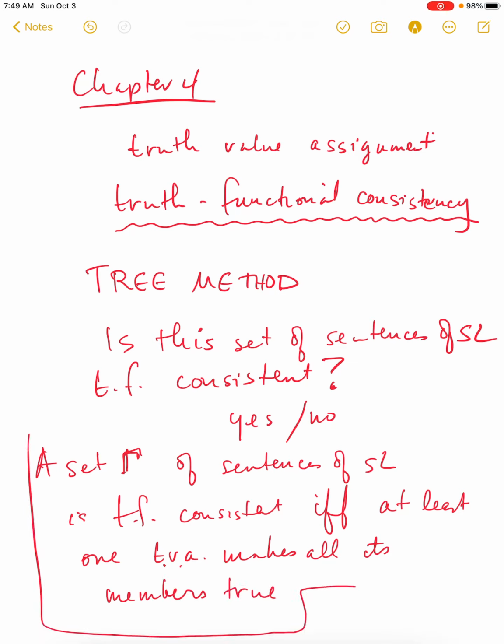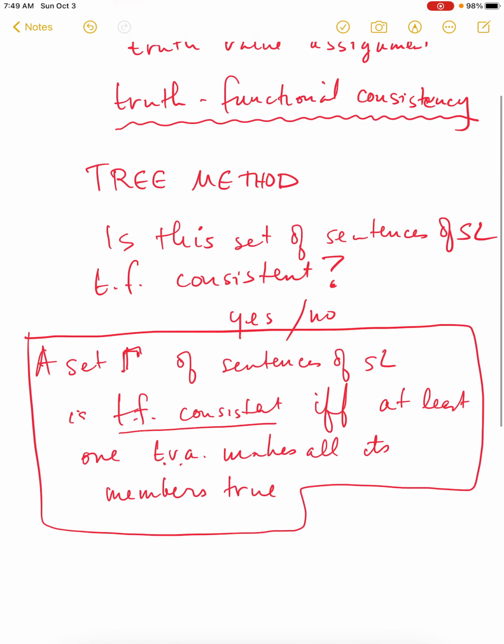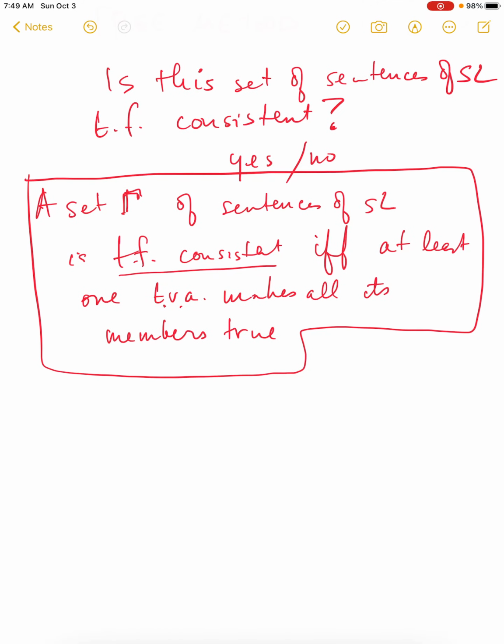Okay? So the truth tree method will tell us whether or not a set of sentences is truth functionally consistent, and it will provide a way of finding the truth value assignments that do make the members of the set true if such truth value assignments exist. Okay, so remember, the truth tree method is a test for consistency.